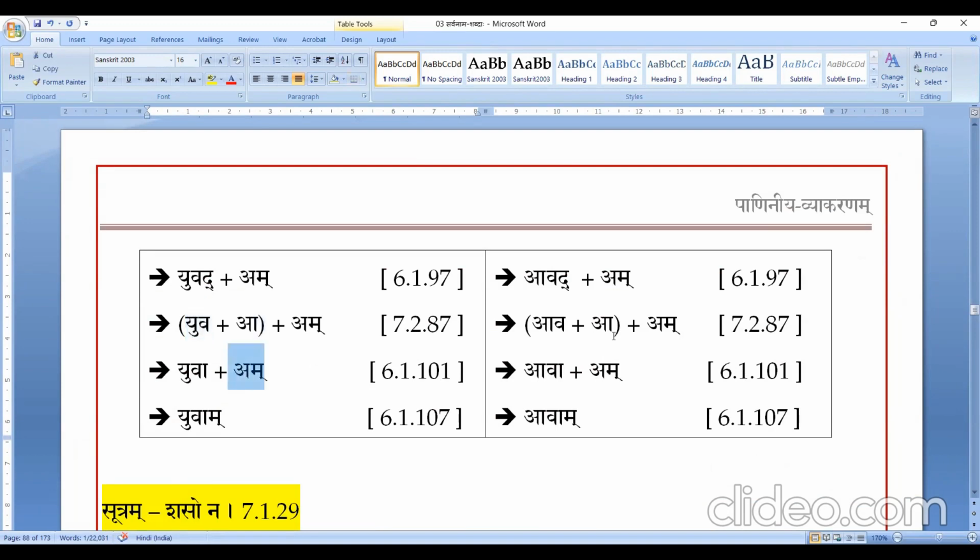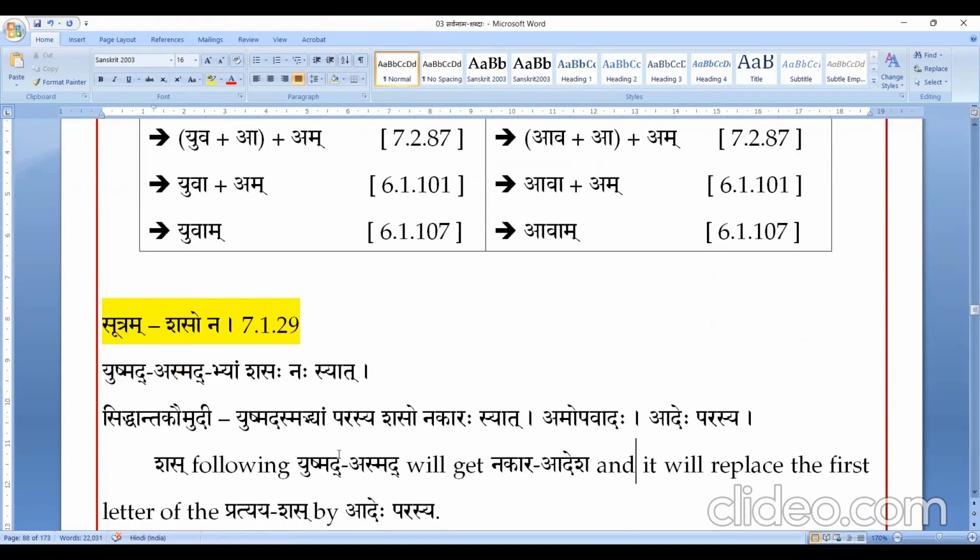Similarly Ava plus Ava plus Ava. So Yuvam, Yuyam, Tvam, Tva we will see later. So this is Dvitiya Vibhakti Dvivachana. Vam is there; the Anvadesha and the optional forms we will see later.